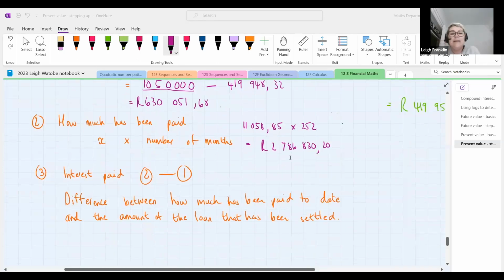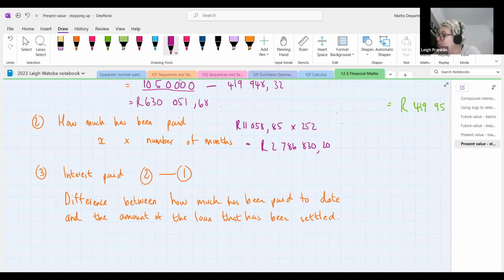Okay, we're nearly there. We're crying for Thabo as we go along the way, but we're nearly there. So now the interest. If Thabo's not half dead by now, when poor Thabo finds out how much of this is actually interest, he truly is going to be absolutely finished.